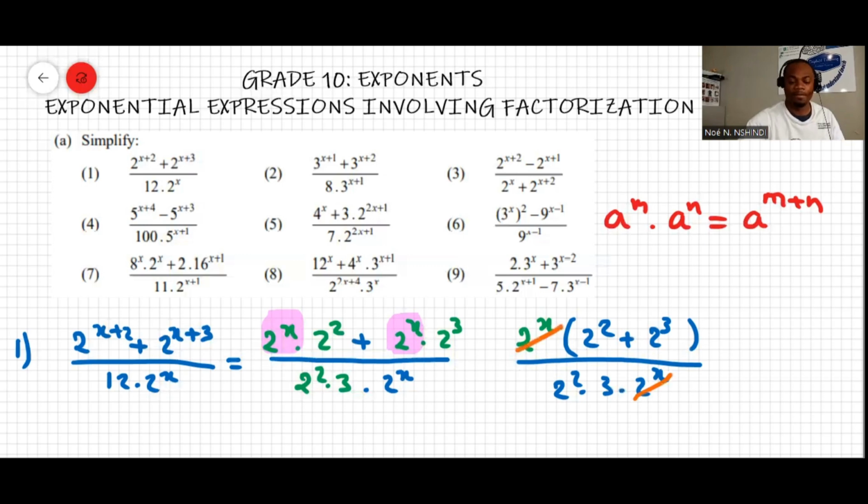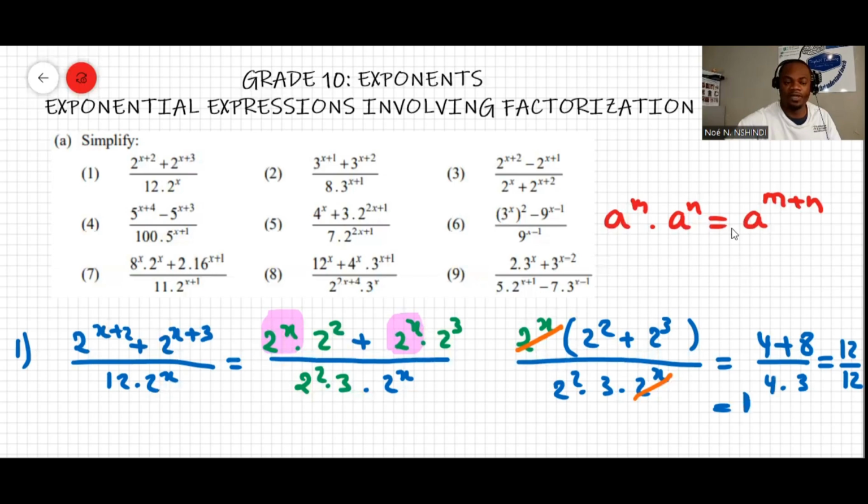Then in the brackets we have 2 squared, which is 4, plus 2 to the power of 3, which is 8, all over 2 squared, which is also 4, times 3. So 4 plus 8 is 12, and 12 over 12 is just equal to 1. That's the answer for question 1.